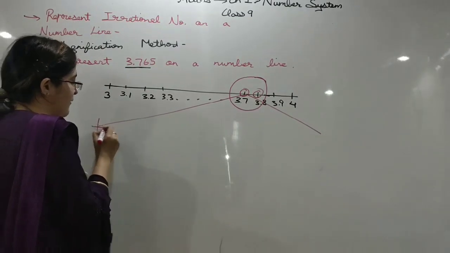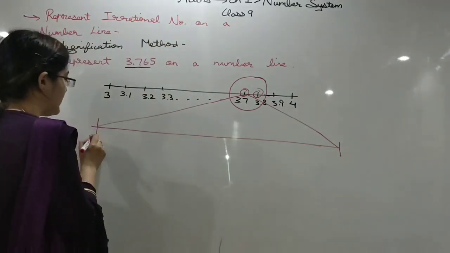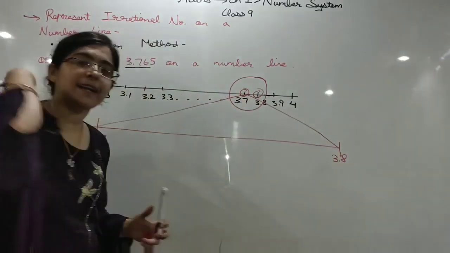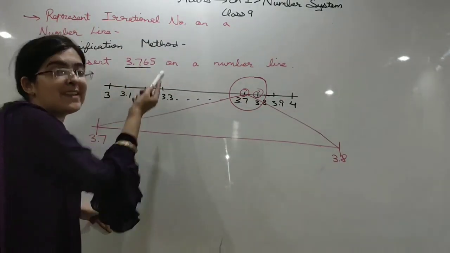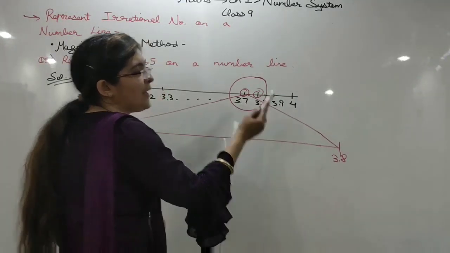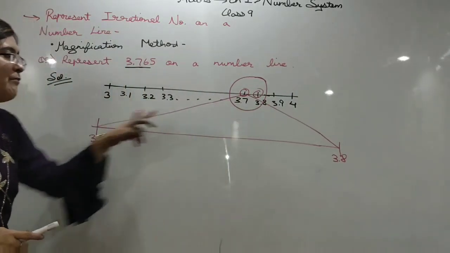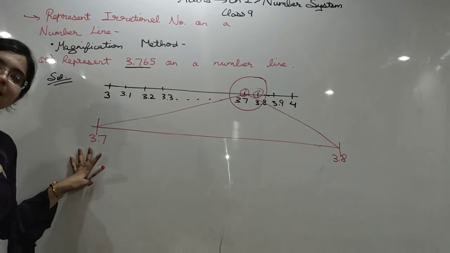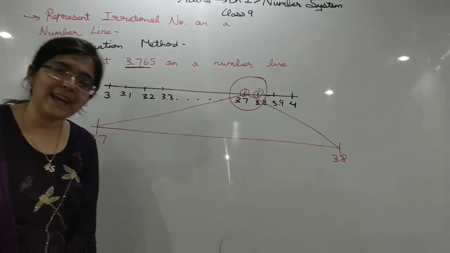Now on a number line, what will we make? Our first limit will be 3.7 and last limit will be 3.8. How have we done this? We have 3.76. That means it will lie between 3.7 and 3.8. So we have magnified it and written our first limit as 3.7 and second limit as 3.8.